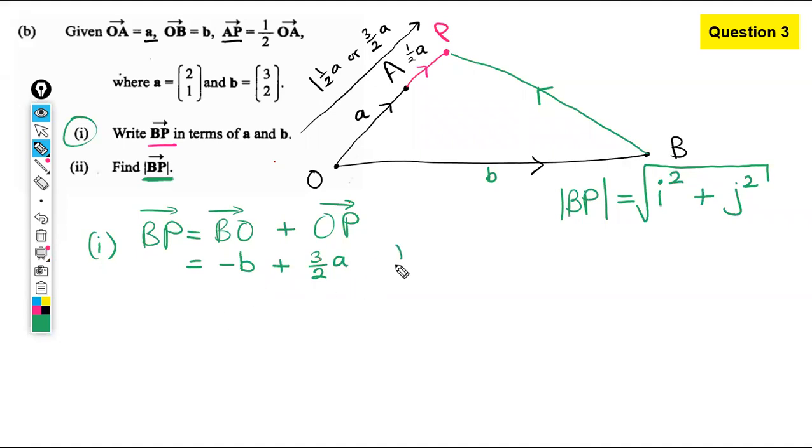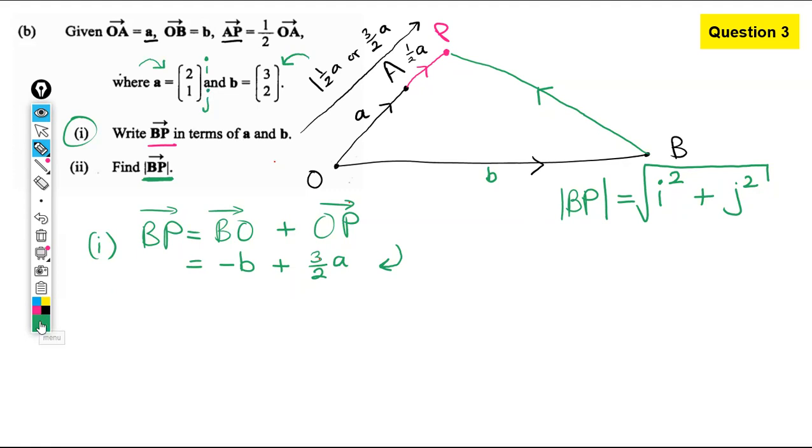However, right now we don't have any i and j values, but didn't they give us the value of common a and the value of common b? When they write it in vertical column form, the top values are automatically i and the underneath values automatically j.